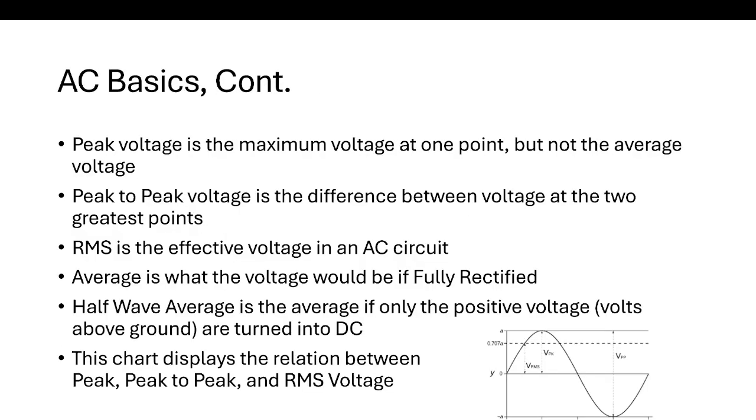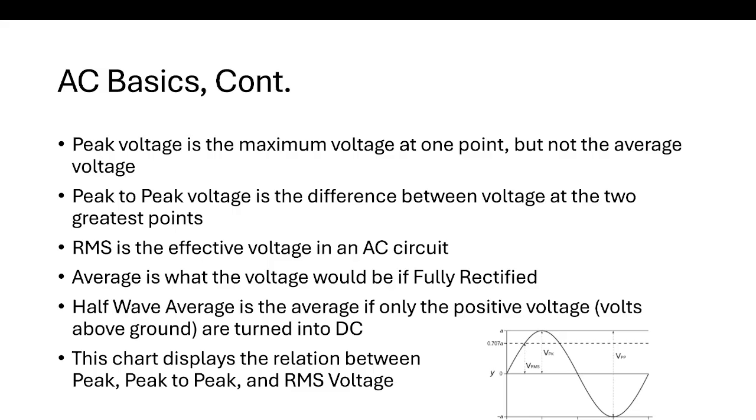So your peak voltage in a circuit is the highest amount of voltage it will produce at any one side, either pole. Your peak to peak is the difference between your voltage at your two greatest points.